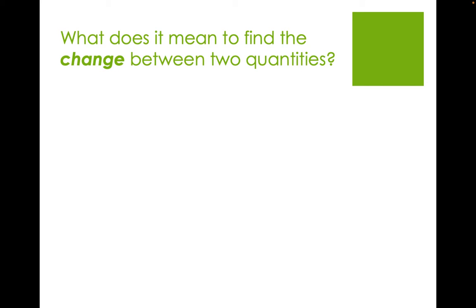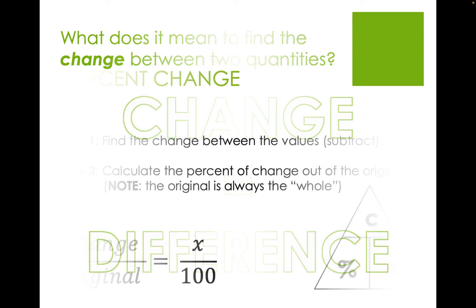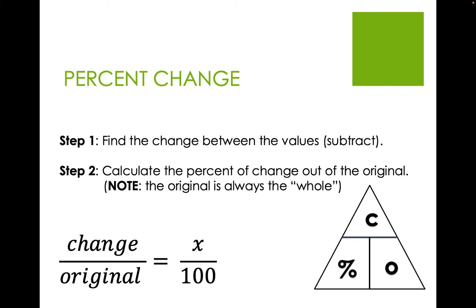What does it mean to find the change between two quantities? In math, when we calculate the change between two things, we are finding the difference between them, meaning we subtract the values. When we find the percent change, we need to first find the change between the two values that we are working with.